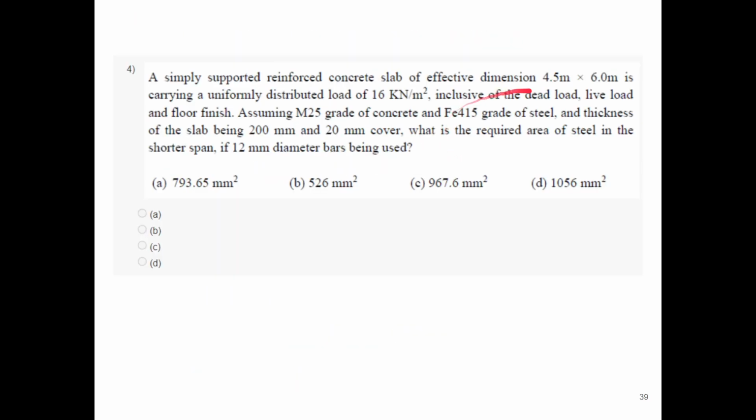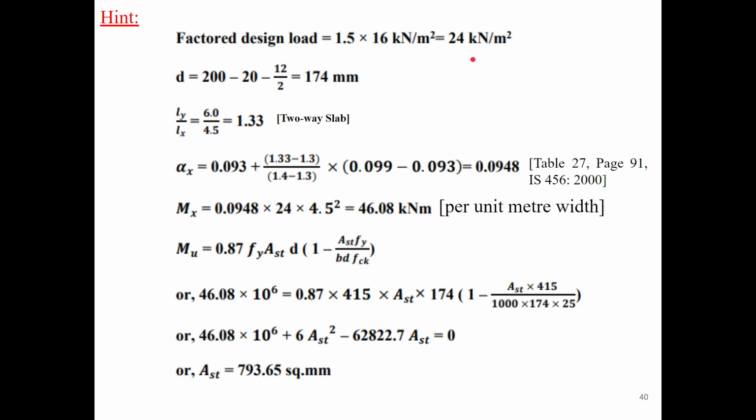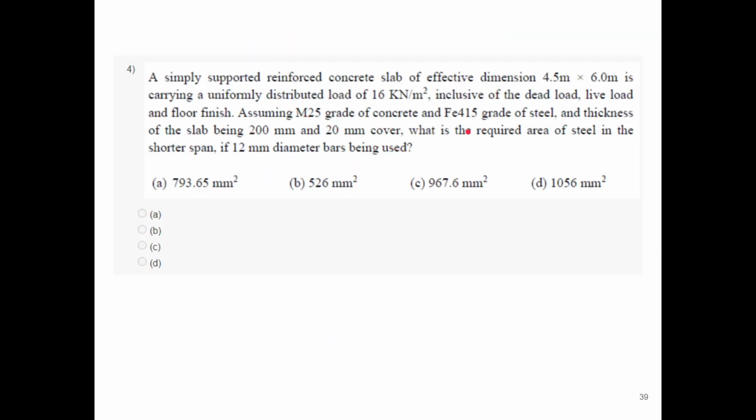So the factored design load will be, getting a UDL value of 16, which is inclusive of dead load, live load, and floor finish. So this is the given load. Factored load will be 1.5 times 16, which is 24. And the effective depth D will be how much?